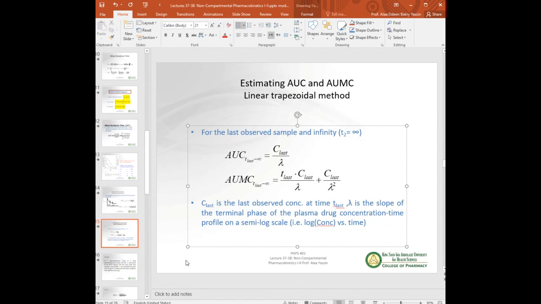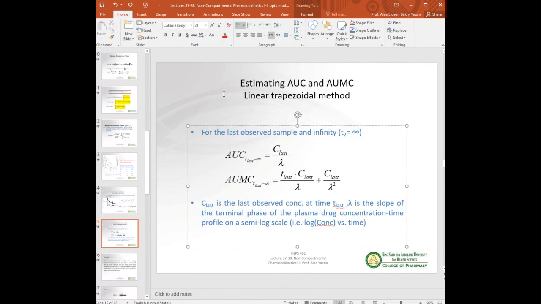Okay, so this is the first of the basic non-compartmental pharmacokinetic parameters, which is not present in the compartmental model.